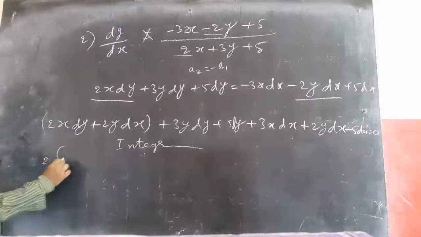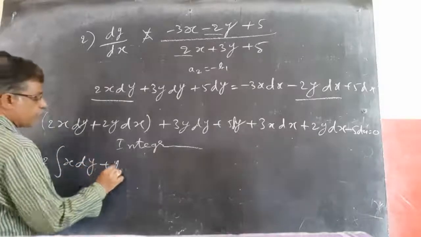Automatically if you take 2 common, this becomes x dy plus y dx.